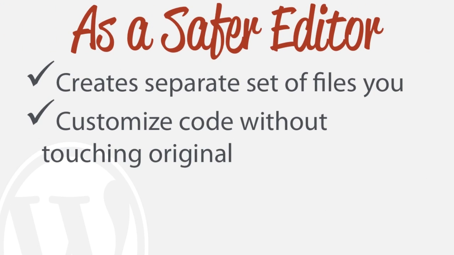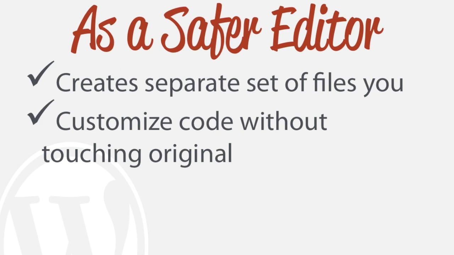So the first method we're going to talk about is as a safer editor, or also just an easier editor. What we do is use a plugin, and how they work is that it creates a separate set of files for you. You can customize these separate files without touching the original version, and that's just good.